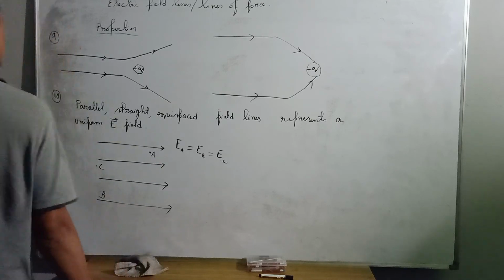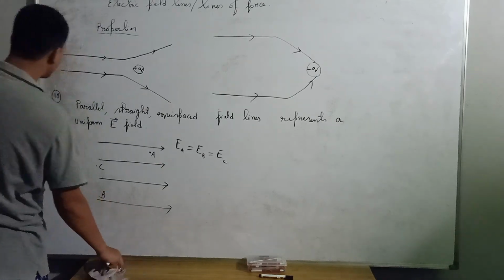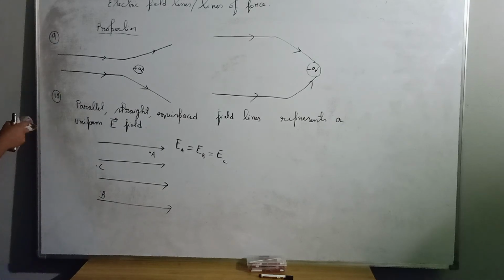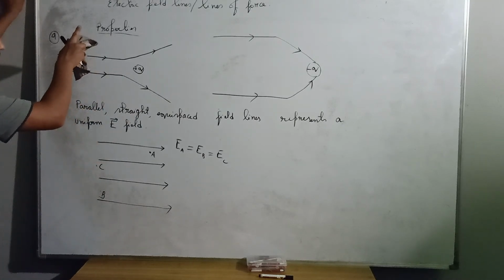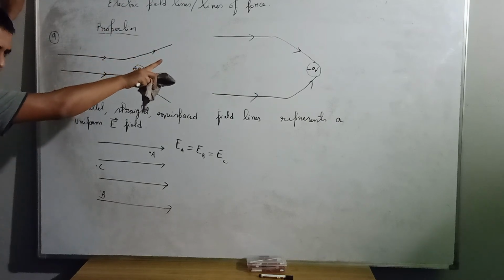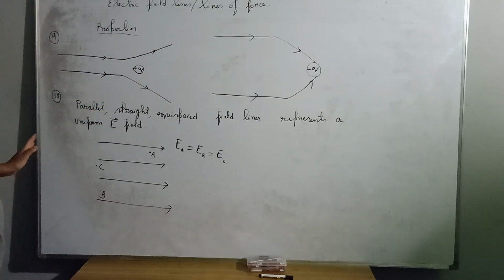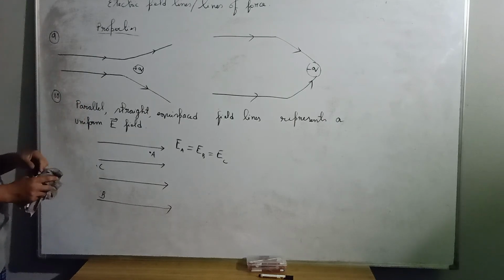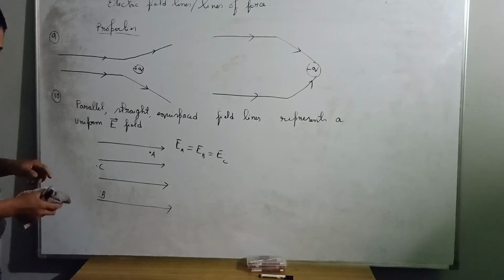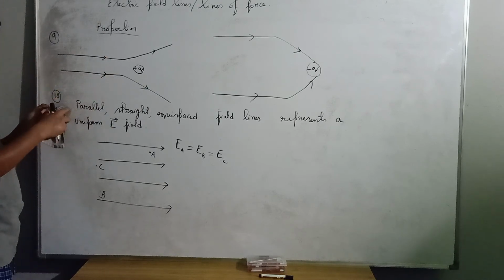The eleventh property, the last property for us now. We have seen that the electric field lines are perpendicular to the surface of the charge, right? Here also, in number 11, the electric field lines are always perpendicular to the surface of the conductor. Suppose there is a conductor here.